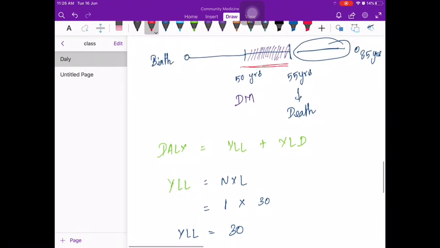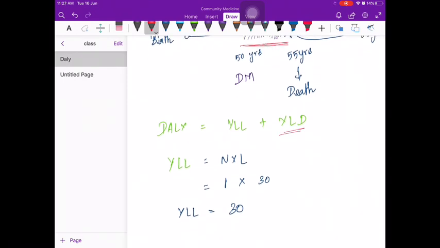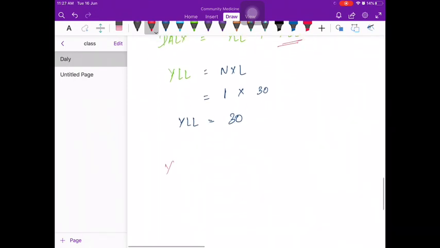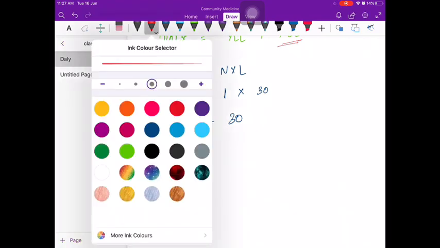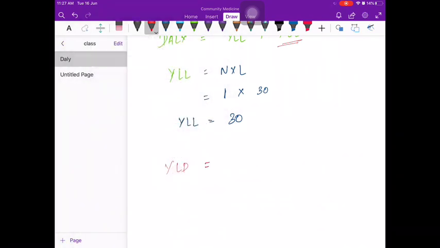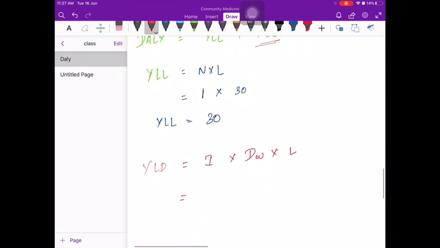Now coming to the next one, that is YLD. YLD is calculated by incidence into weighting factor multiplied by L, and here we can see for diabetes the weighting factor given by WHO is 0.20.